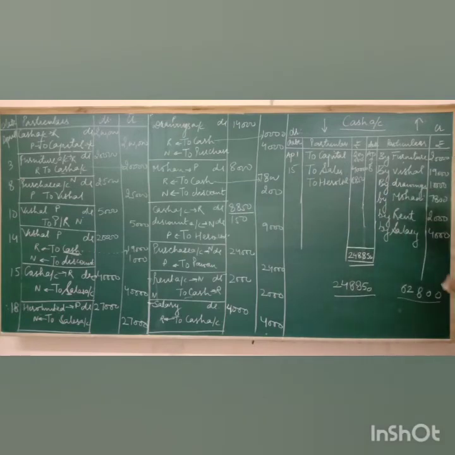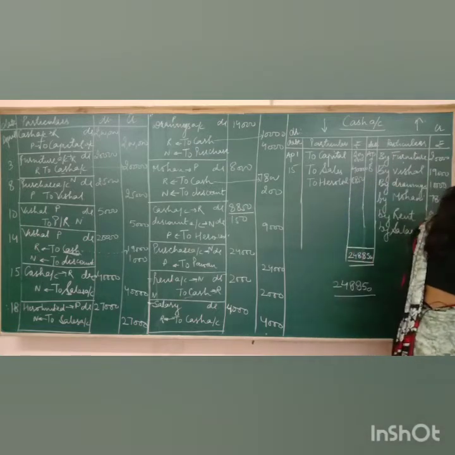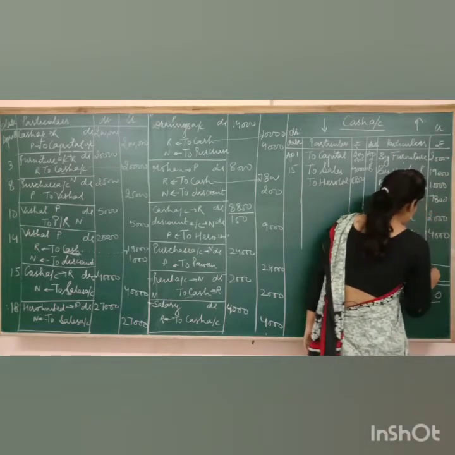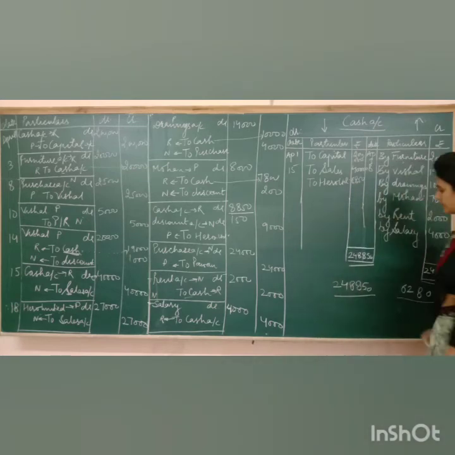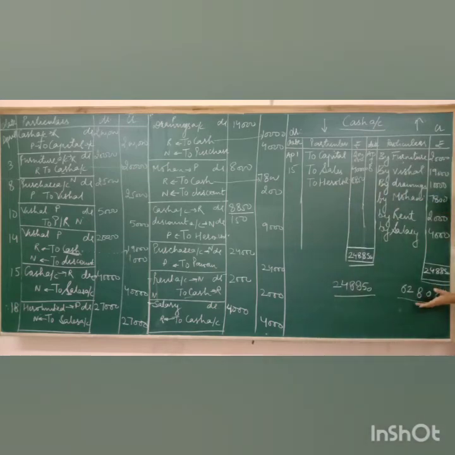Then write the total on the credit side even and put a double line. Right here 248,850. Done. Now which side was smaller? Credit side was lesser. ठीक है ना? Credit side was 62,800. So this side was lesser.